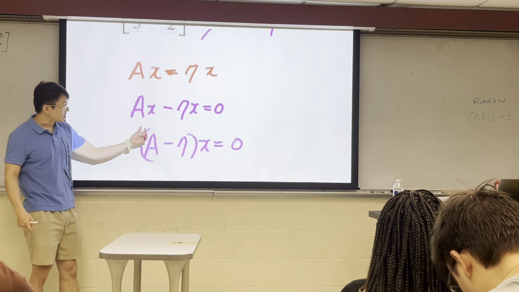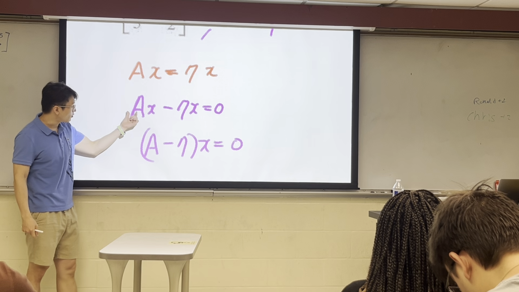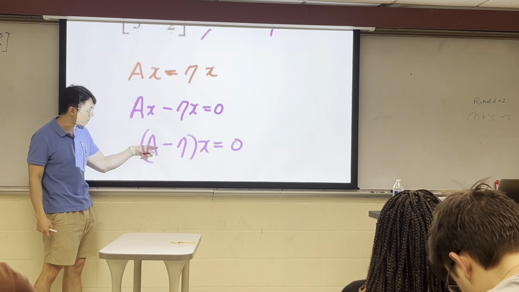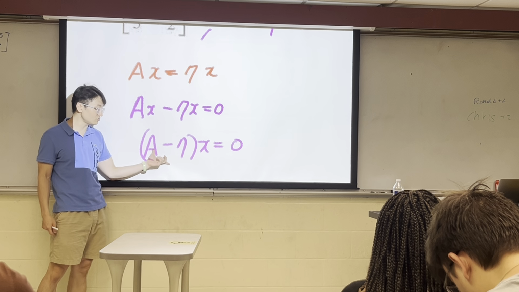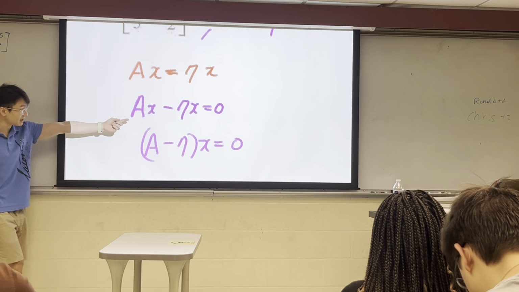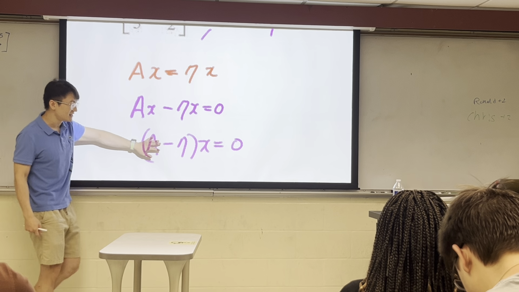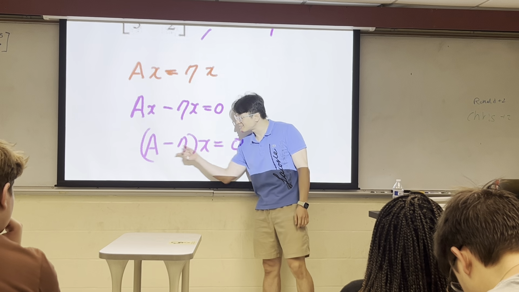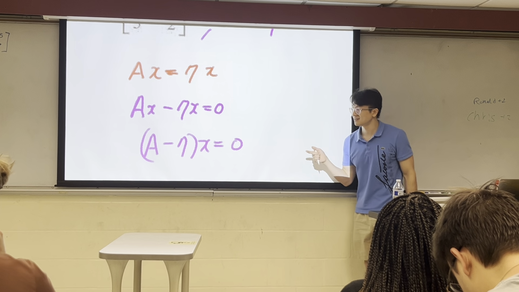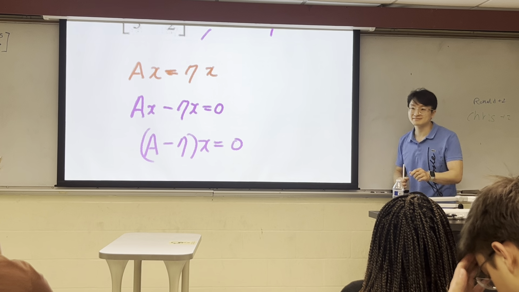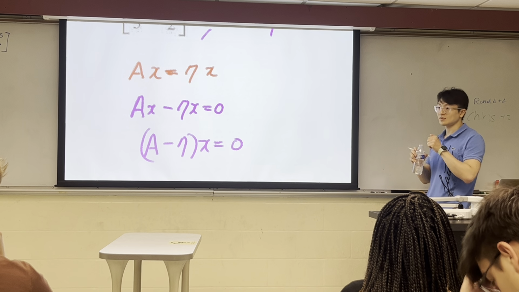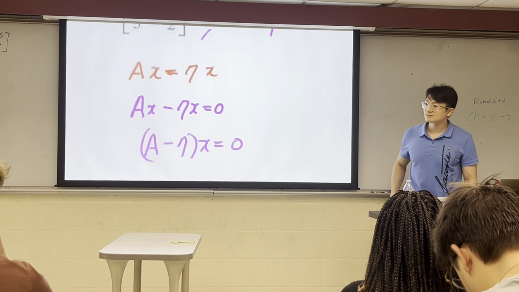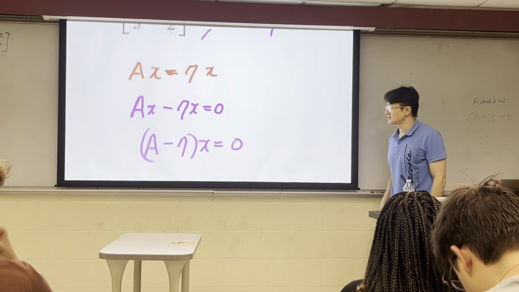Because if we factor out x, that's good, but what we have is matrix A, size 2 by 2, minus a scalar, just a number. Can you do this? No. Then how can I transform this? We need another letter that makes this valid from here to here. Maybe you make 7 a vector, like 7 and 7.